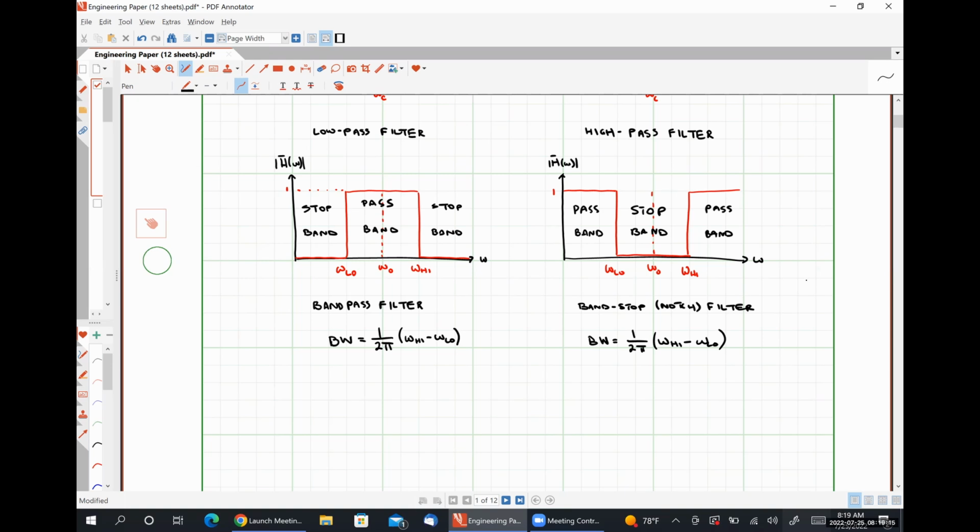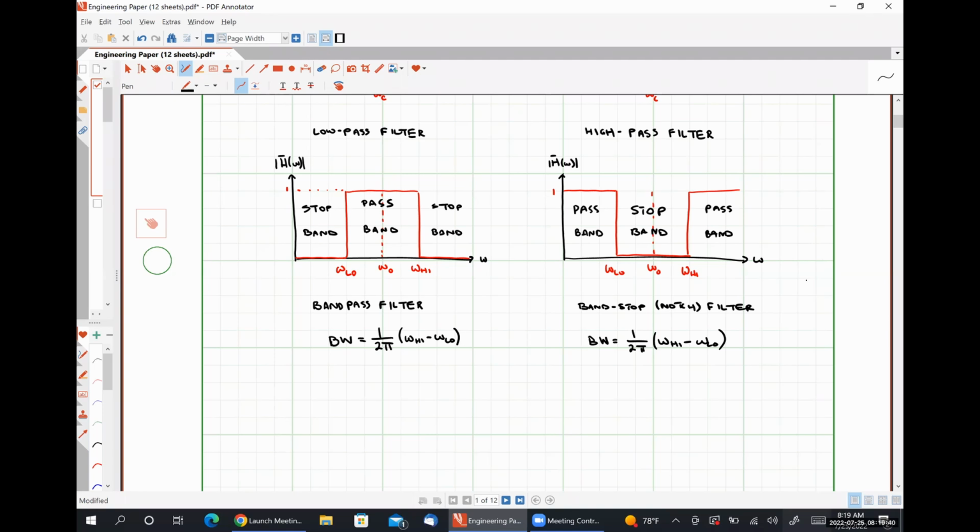Those are specific circuit topologies used to realize these 4 classical filter types. Okay. So we are looking at filters from a perspective of what they do right now versus how they're made, which will be how we look at them later on.